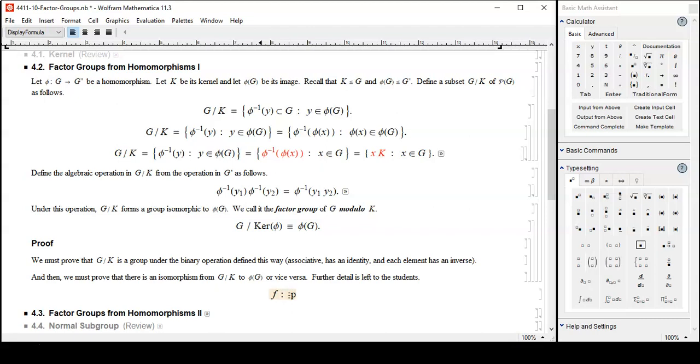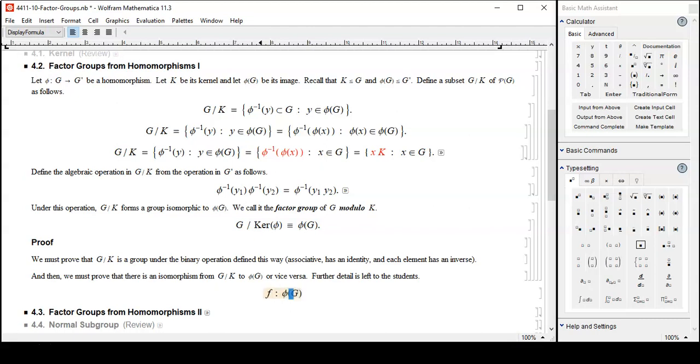F is a map from the image subgroup phi of G to this factor group G over K, defined like this. What's the arbitrary element of phi of G? Well, no, not that.